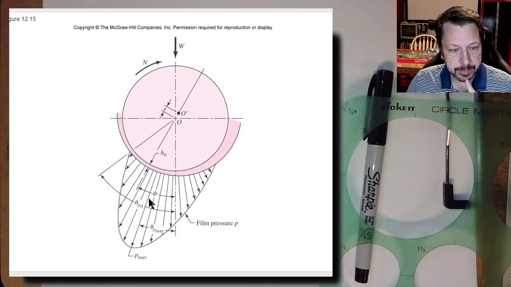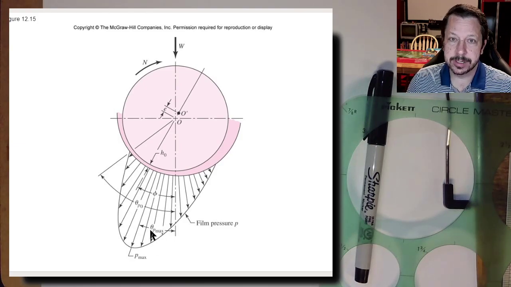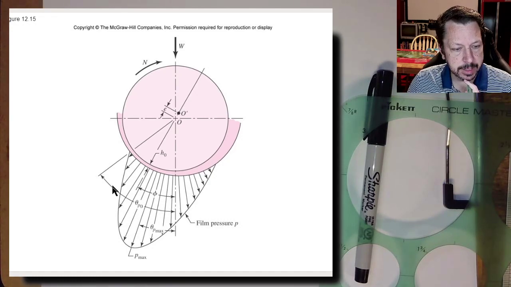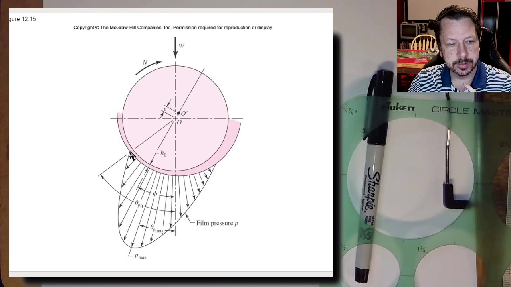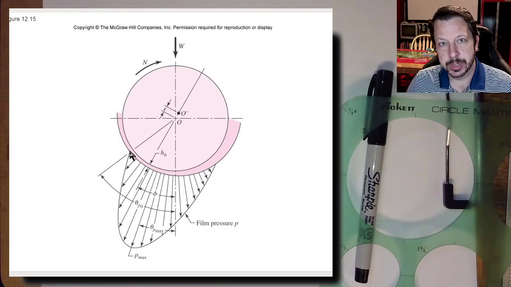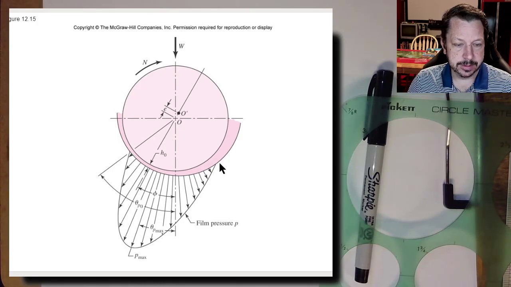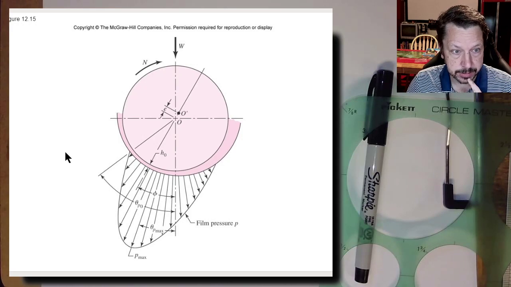So this angle can be discovered from one of these charts, and it talks about how far from this vertical axis is your location of your minimum film thickness, and then there's a similar angle for the location of your maximum pressure. There's this angle. I think this one might be in your charts. I don't actually remember where this one is right now. It just shows where the pressure supporting the weight and the radial force in that shaft decreases or goes to zero.